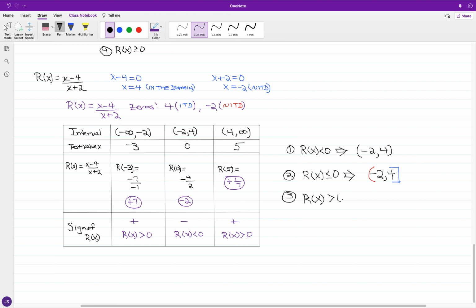And for r of x being greater than 0, we are involving the first and the last subinterval sections. Again, no equal sign, so we have the exclusive use of parentheses: those values of x less than negative 2 and those values of x greater than 4.